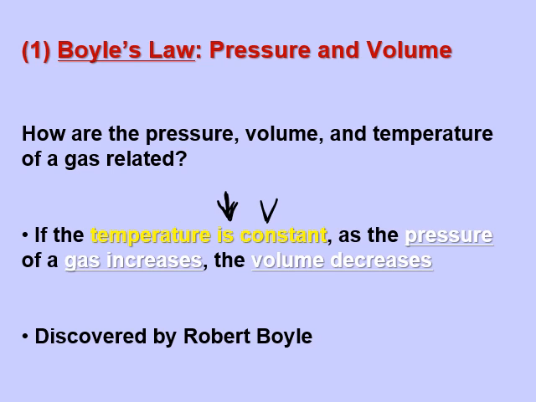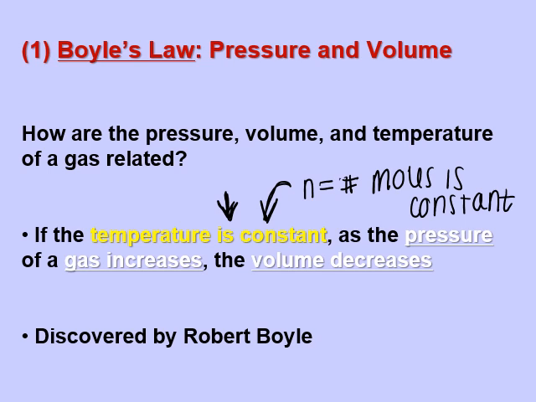And in addition to temperature being constant, this also assumes that n, which represents our number of moles, is constant as well. Okay, so this is only looking at how pressure and volume are related as long as we're keeping these other variables the same.